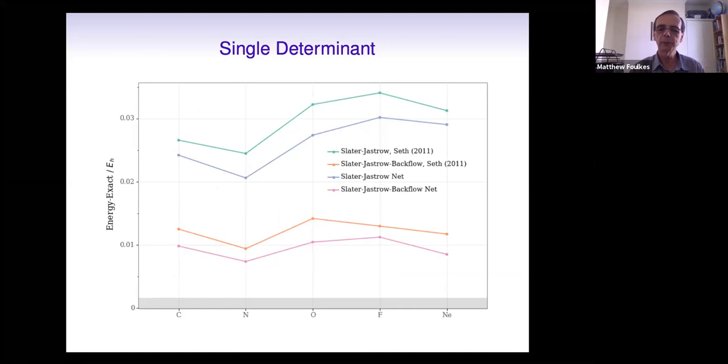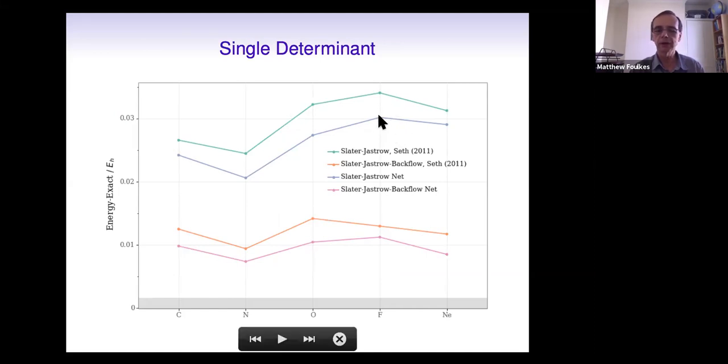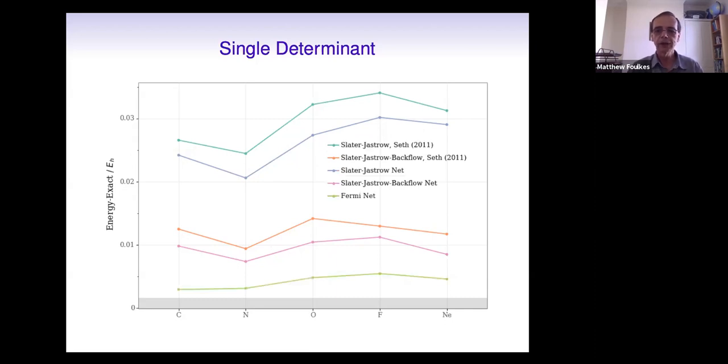The only reason it's better than the previous state of the art is because the neural network is a very flexible functional form, but we can slightly outperform Slater-Jastrow. This is something called a Slater-Jastrow backflow wave function, which is closely related to what we're doing, but ours is a generalization of it in a sense. And again, we can build a neural network that does a slightly better Slater-Jastrow wave function. And this is a single FermiNet determinant.